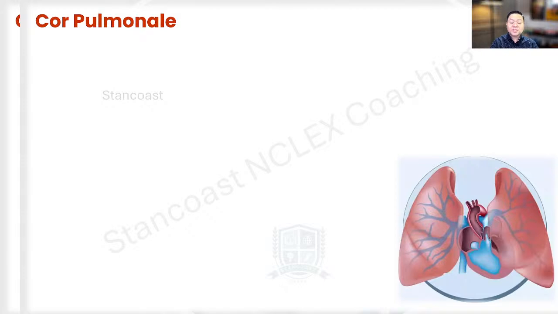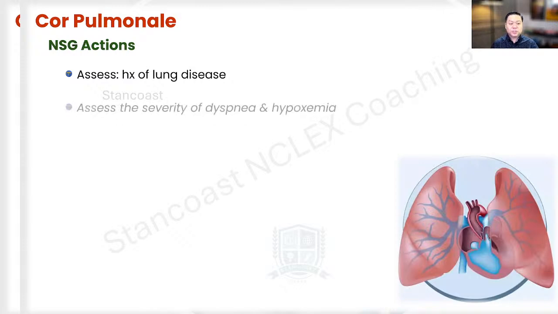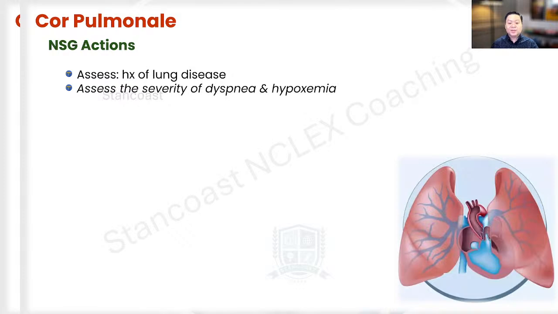Now we're going to talk about the different nursing actions, starting with the nursing assessment. So what are we going to do here? We definitely need to assess the patient for any kind of history. Maybe the patient will have a long-standing history of lung disease, and we have to get that information and also assess the severity of the patient's dyspnea, or the severity of their hypoxemia.